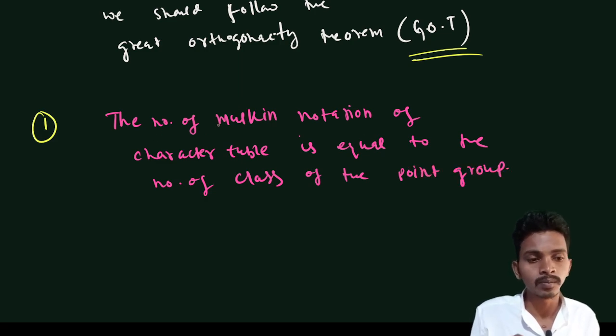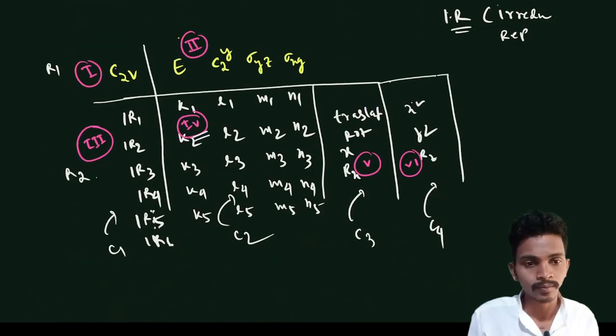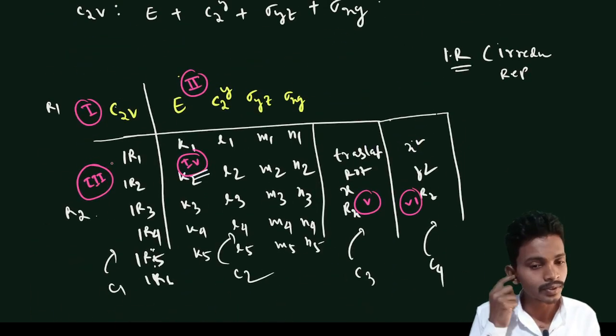Means that the number of Mulliken notations, this is the Mulliken notations, is equal to the number of classes.